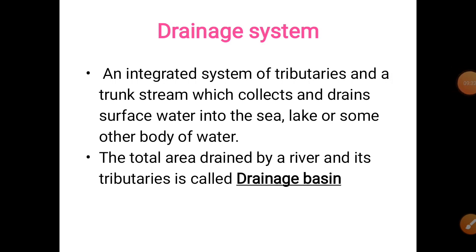Next, we are going to learn the drainage system of India, which means water bodies. Drainage system is an integrated system of tributaries. Tributaries means streams or rivers flowing into the large river. The tributaries and a trunk stream collect and drain surface water into the sea, lake or some other water bodies.